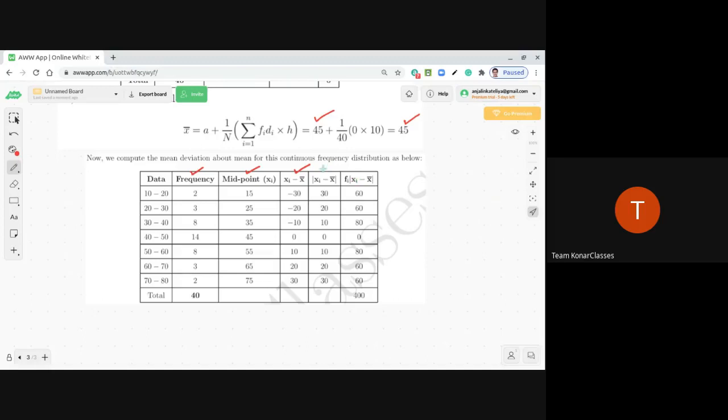Then we find the absolute value of xi minus x bar, then fi into the absolute value of xi minus x bar, and we finally get the summation of these values as 40. Then the mean deviation about the mean is equal to 1 by n into summation for i equal to 1 to 7, because there are 7 values given, and we compute the value something like this.